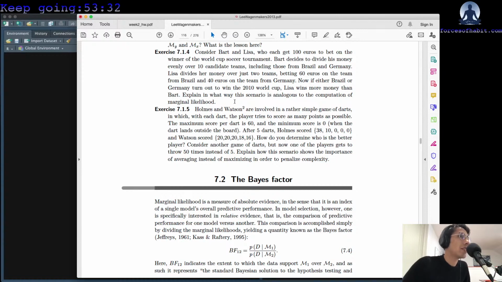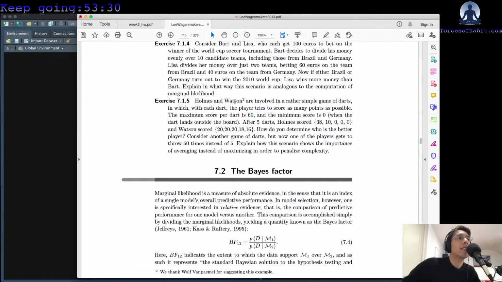And that is going to be demonstrated in the computation of the marginal likelihood in this case, because she's going to have more evidence if her predictions were true. She'll have more evidence for the prediction, right?